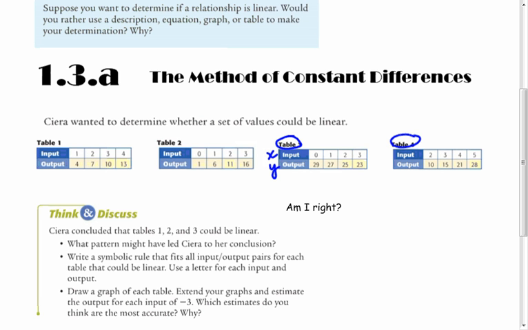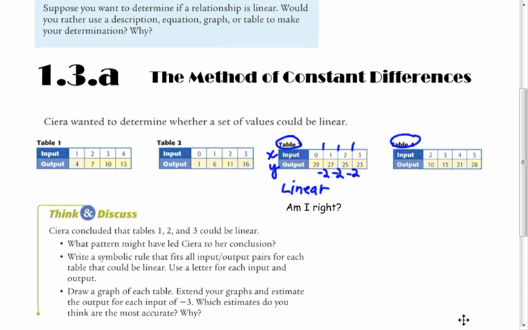So if I look at the inputs, I notice these are all going up by 1. So all I'm doing is subtracting consecutive values there. And in the output, I notice that I keep dropping 2. Well, since there's a constant difference in both of those, I think this is a linear relationship. Okay?